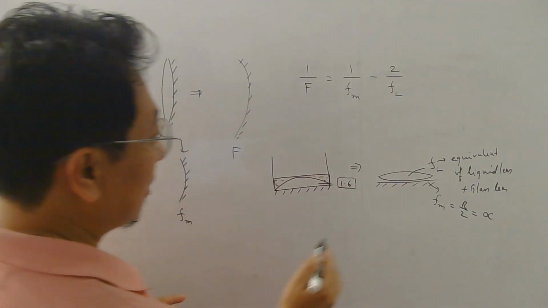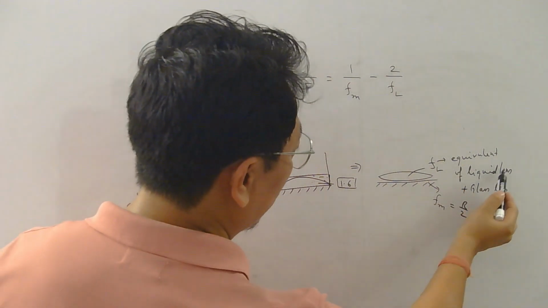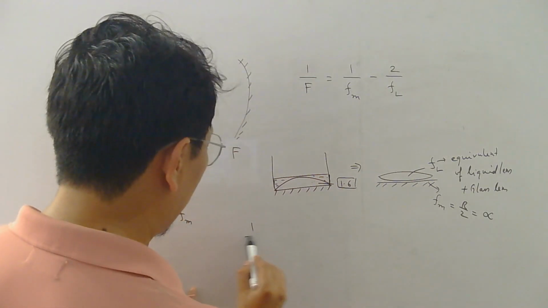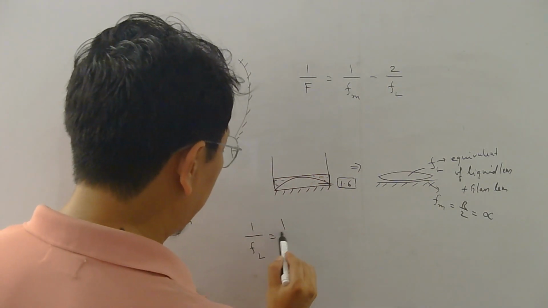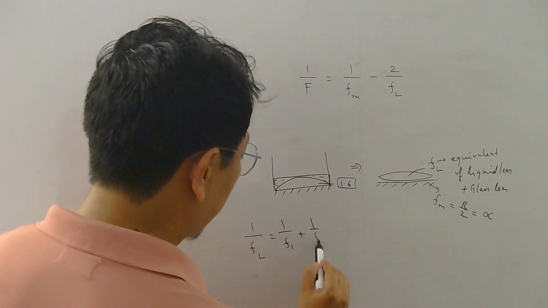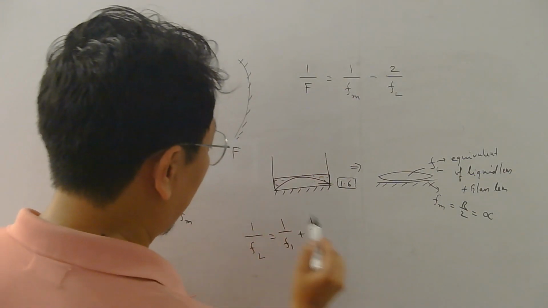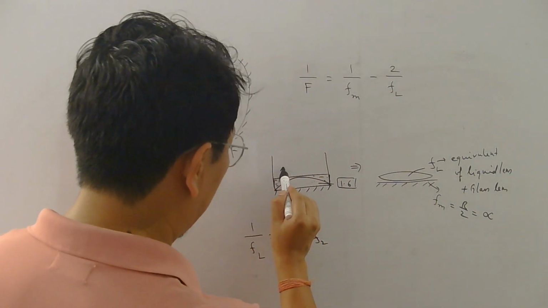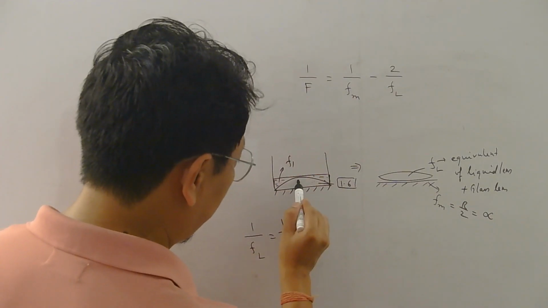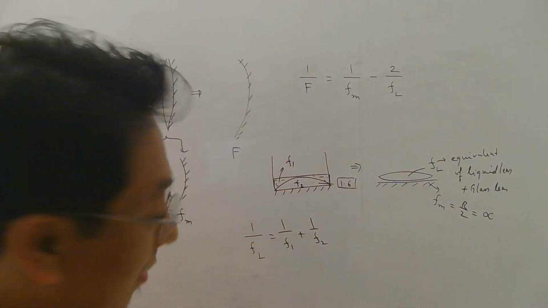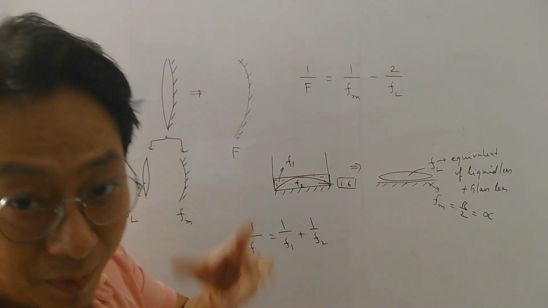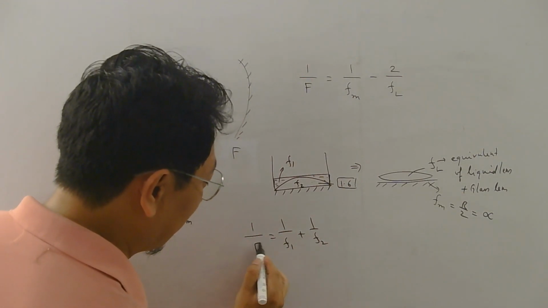Now, what is the equivalent focal length of the liquid lens and the glass lens? That we already did. 1 by FL will be 1 by F1 plus 1 by F2. F1 is the focal length of this liquid part and F2 is the focal length of this glass part. In our previous method, we used capital F here, right?